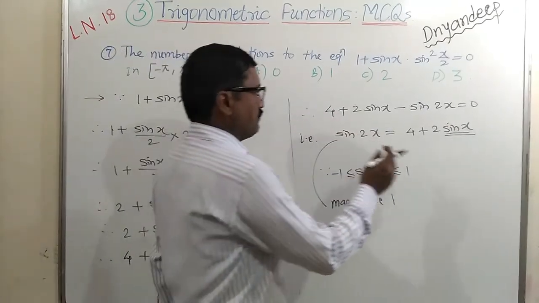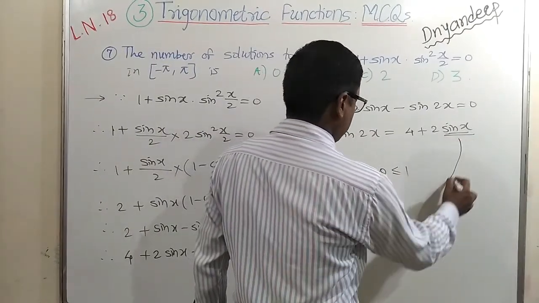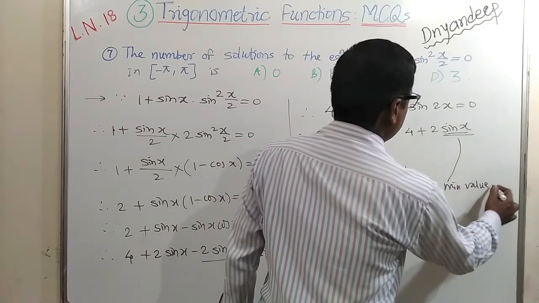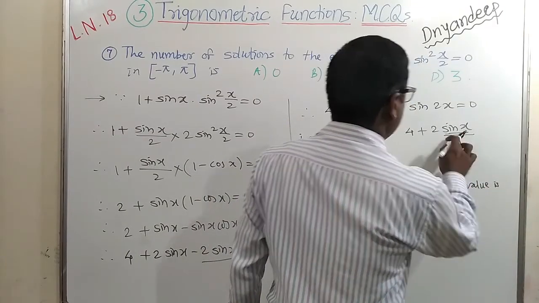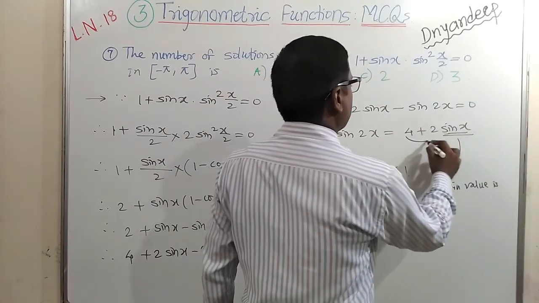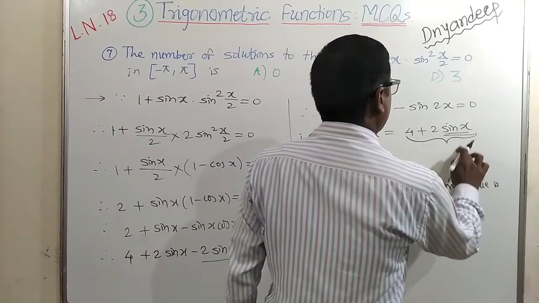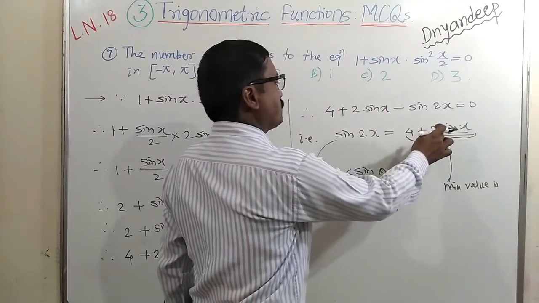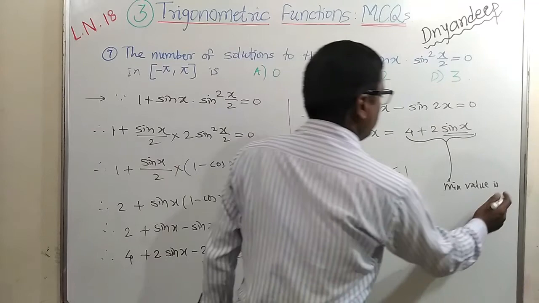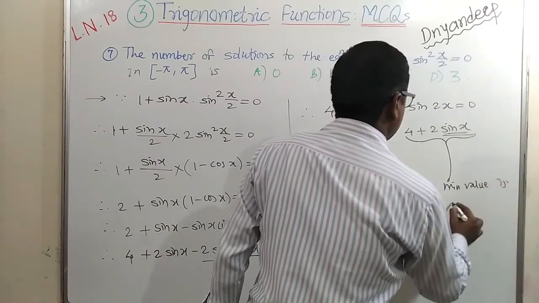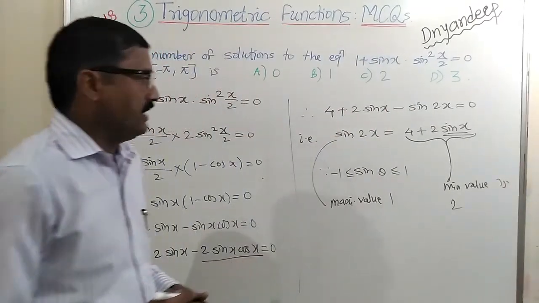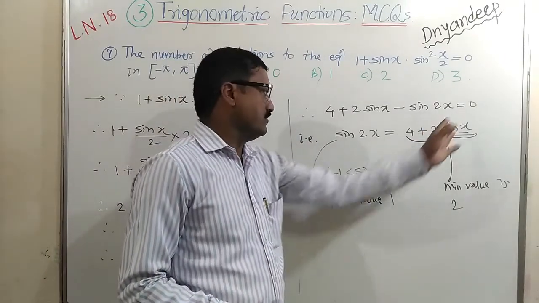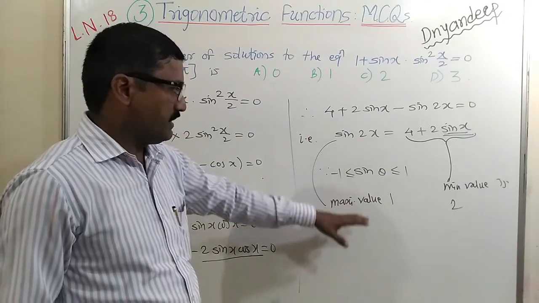Let us see the minimum value. The minimum value of sin x is -1. So whenever sin x is minimum, it is -1, and 4 minus 2 is 2. So the RHS has minimum value 2, and the LHS has maximum value 1.